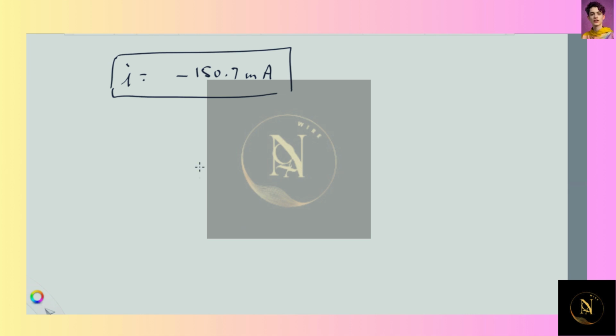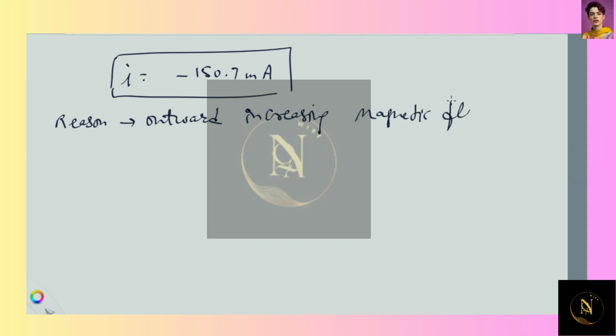And as this magnetic field is upward and it is increasing with time, the reason for the EMF induced is the outward increasing magnetic flux.